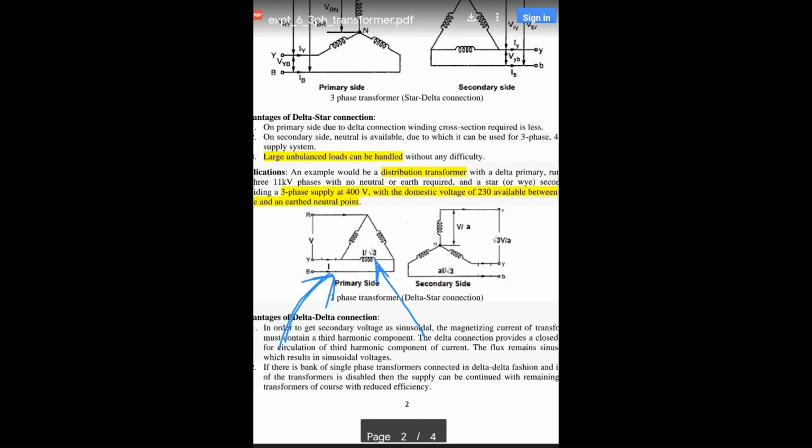Okay, and in the star connection, line voltage is root 3 times phase voltage.